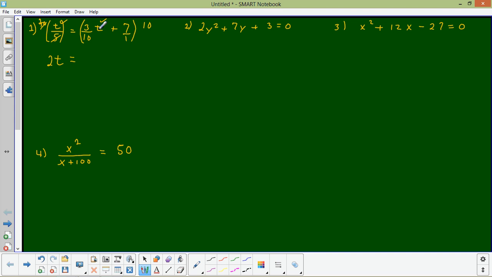On the right-hand side, we're going to be doing a distributive property. So the 10 is going to get multiplied times the 3 tenths t, and the 10 is going to be multiplied times the 7. Well, the 10 times the 7 is easy. That gives me a 70. Right? And the 10 times the 3 tenths, again, multiplying by 10, dividing by 10, you're going to get canceling right there.